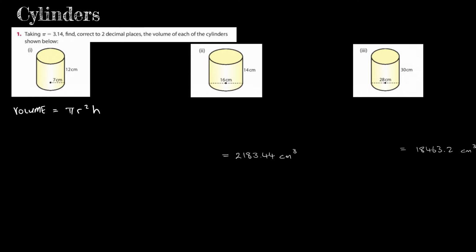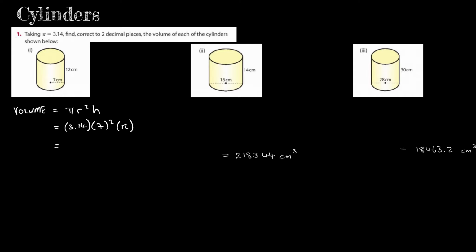In this case, I can say that the volume is equal to pi, which in this case is 3.14, r, which in this case is 7, and h, which in this case is 12.